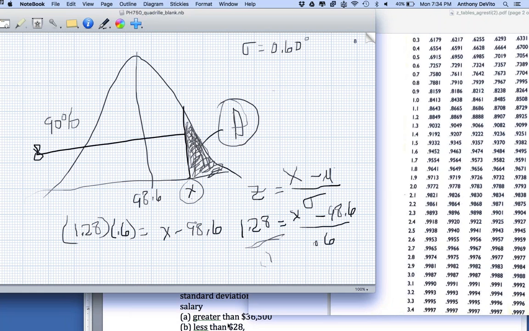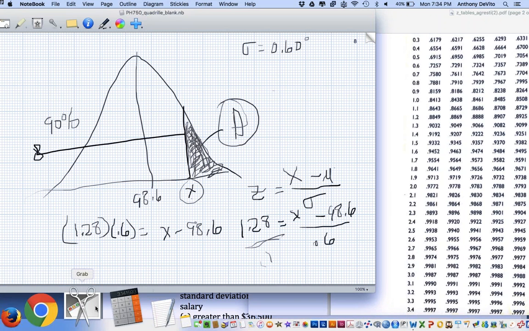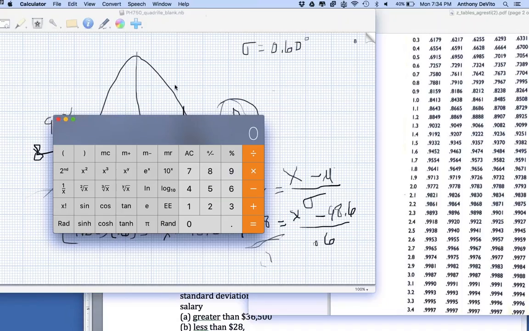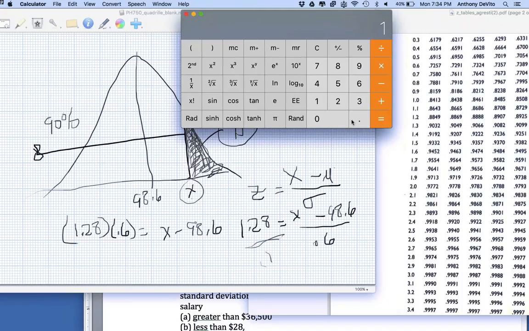So if I multiply this out, see if you guys can do it ahead of me. 1.28 times 0.6 is that. I'm going to put that into memory. Then I'm going to bring 98.6 over to the other side. It's going to become positive, so I can add 98.6. So X is going to be equal to 99.37 degrees Fahrenheit.